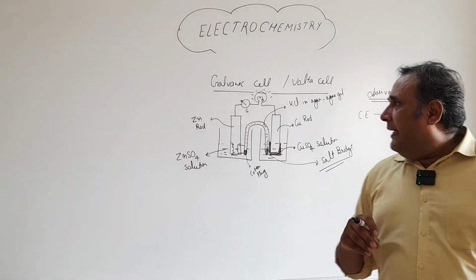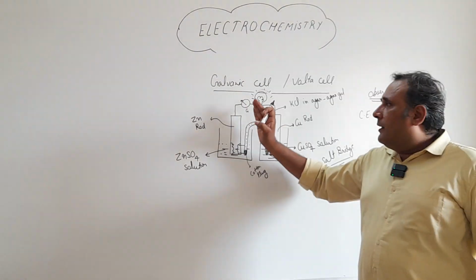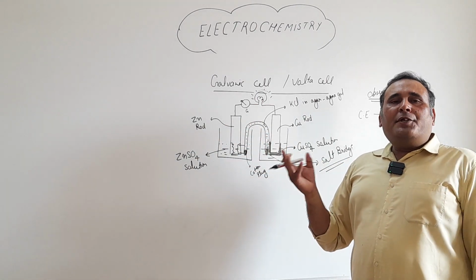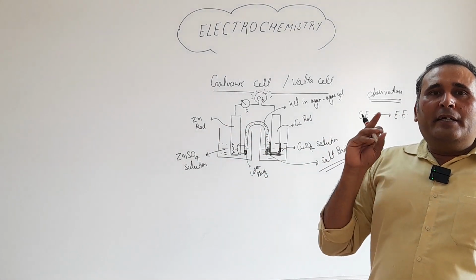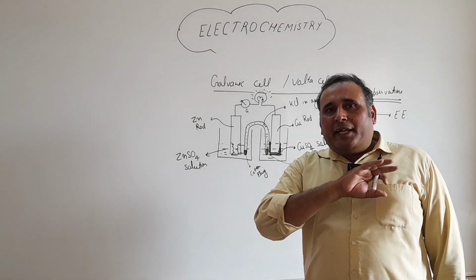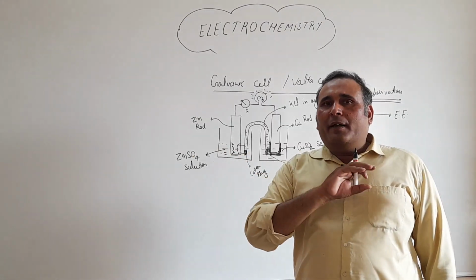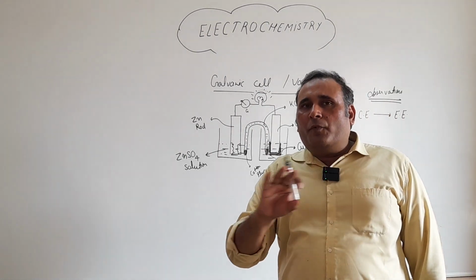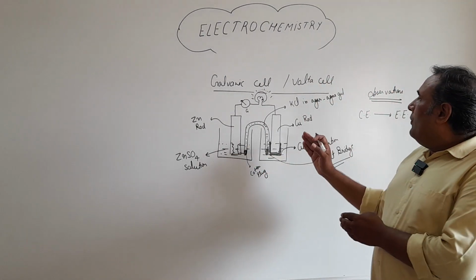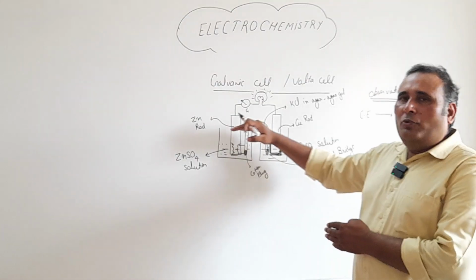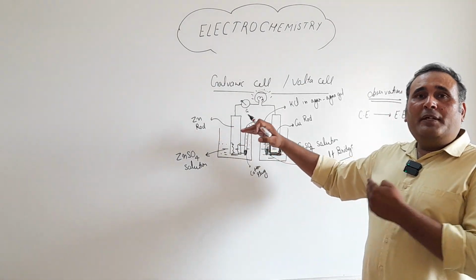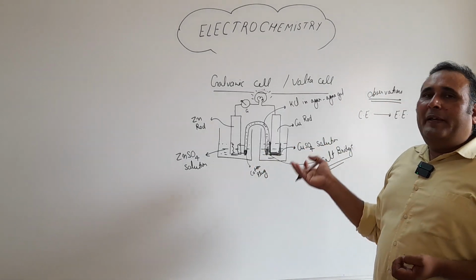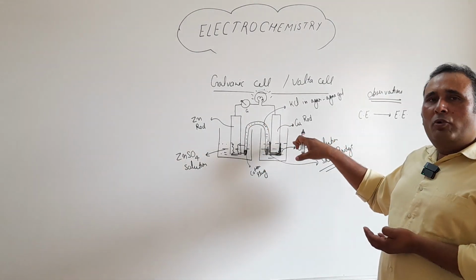Second observation is that the needle of the galvanometer bent towards the zinc rod. What does it mean? Our galvanometer needle shows the direction of electricity. Every time the galvanometer needle bends in the direction of electricity, it means the direction of electricity is from copper rod to zinc rod. So from this observation we can conclude that the direction of electrons will be from zinc rod to copper rod.